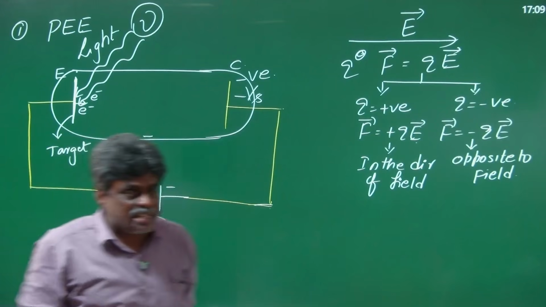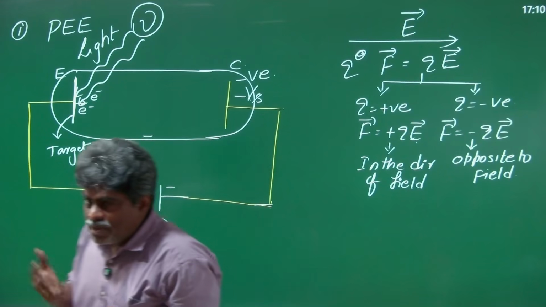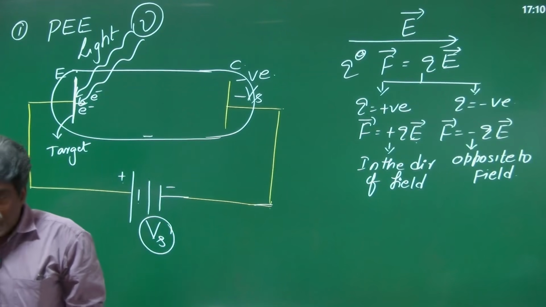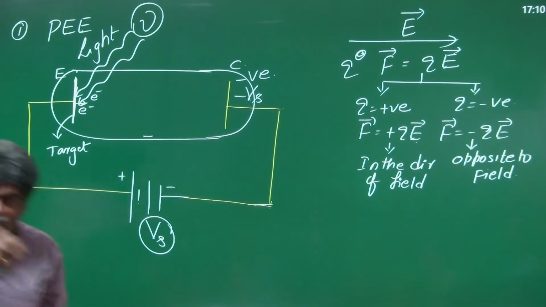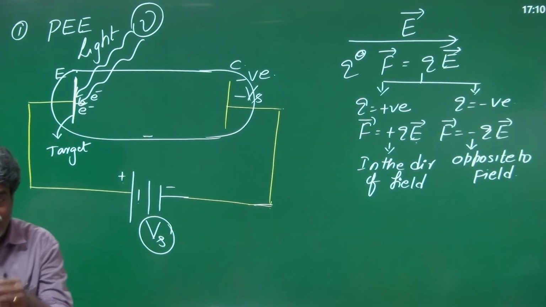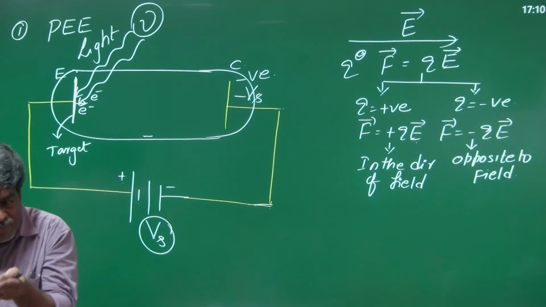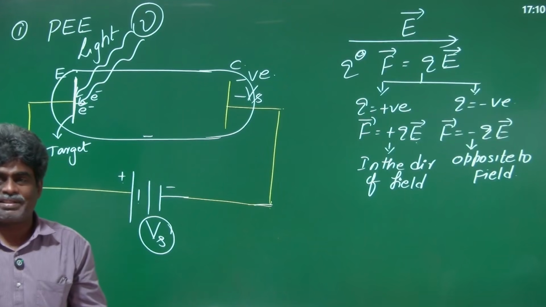What is the ground state energy? Minus 13.6 eV. What is the meaning of minus 13.6 eV? If you supply 13.6 eV energy, then only it will become free. So whenever you are already in one state, if we want to remove you from that state, we have to supply that much energy.